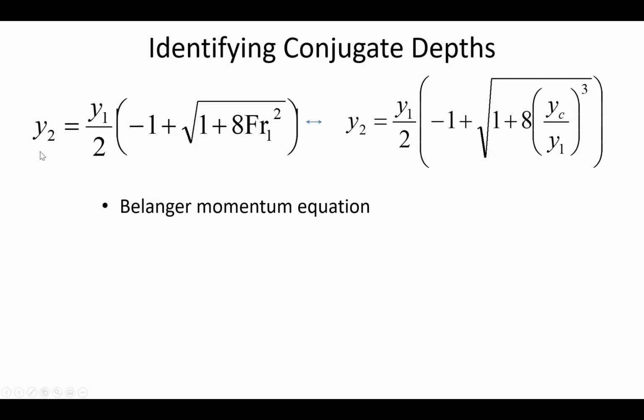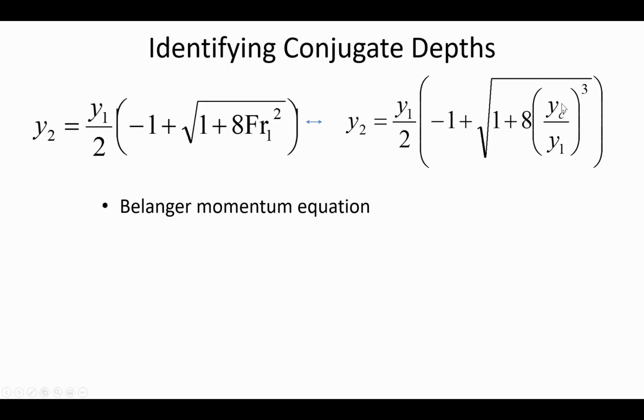So the depth after the jump is the upstream depth divided by 2, and then what's inside of this momentum equation takes into account a measure of how supercritical the conditions were at 1. And so one way of doing it is with the Froude number, as you can see. So the Froude number characterizes how supercritical it is upstream. Or the other is by the ratio of depths.